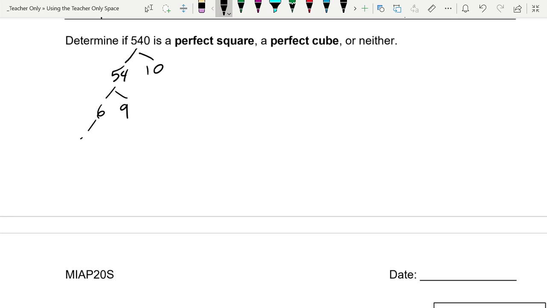And that's 2 and 3 and 3 and 3. And, of course, 10 is 2 and 5. So, putting that all together, 540 is 2 squared times 3 cubed times 5.